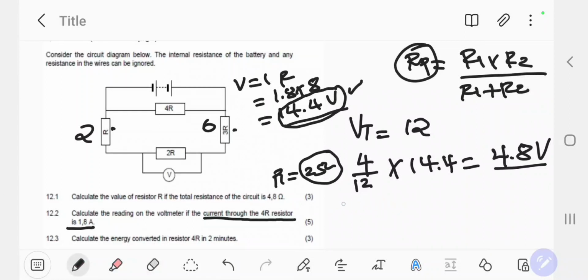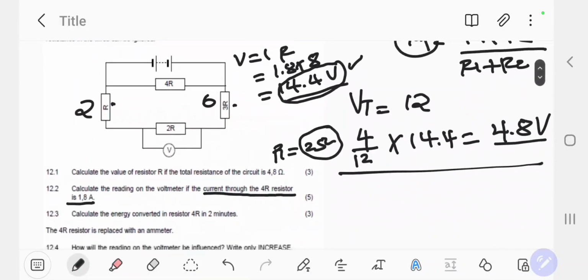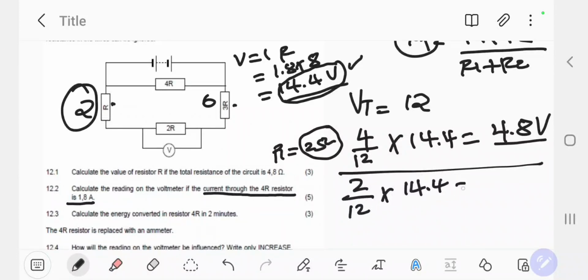And then from there, you can also do this if you want to make sure that your calculations are right. You can look at the one in this one as 2 over 12 multiplied by 14.4. Guys, remember, we are taking advantage of the grade 10 method. 2 over 12 multiplied by 14.4 is going to be 2.4.